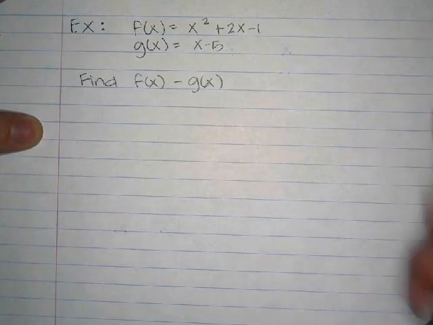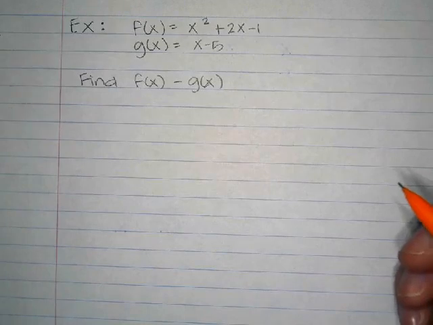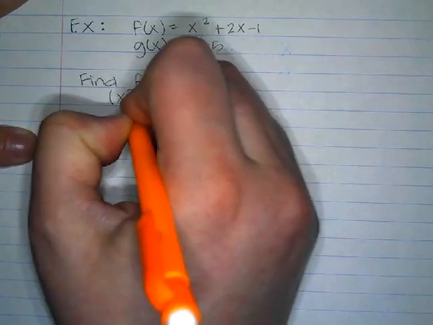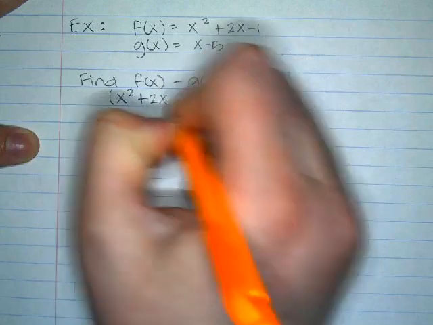So what should I write? So x squared plus 2x minus 1 minus x minus 5.